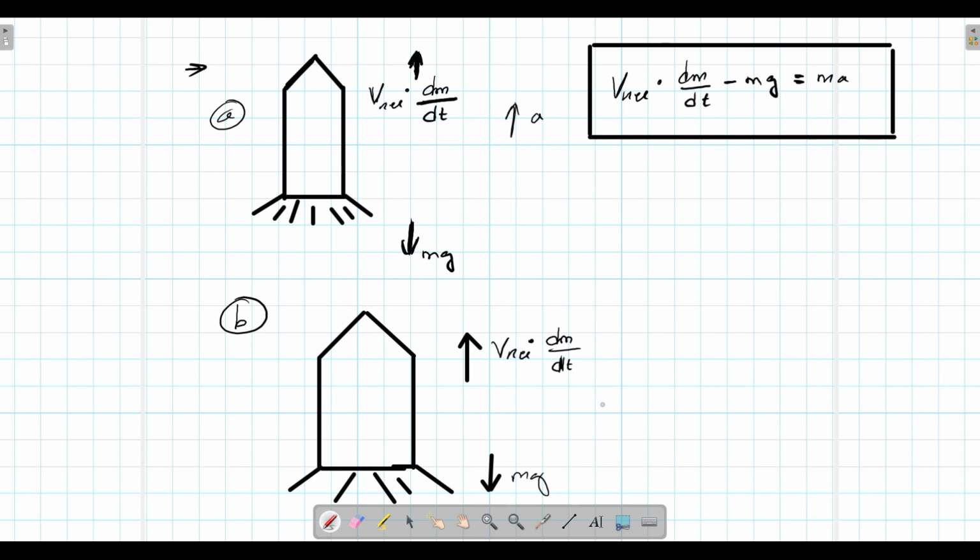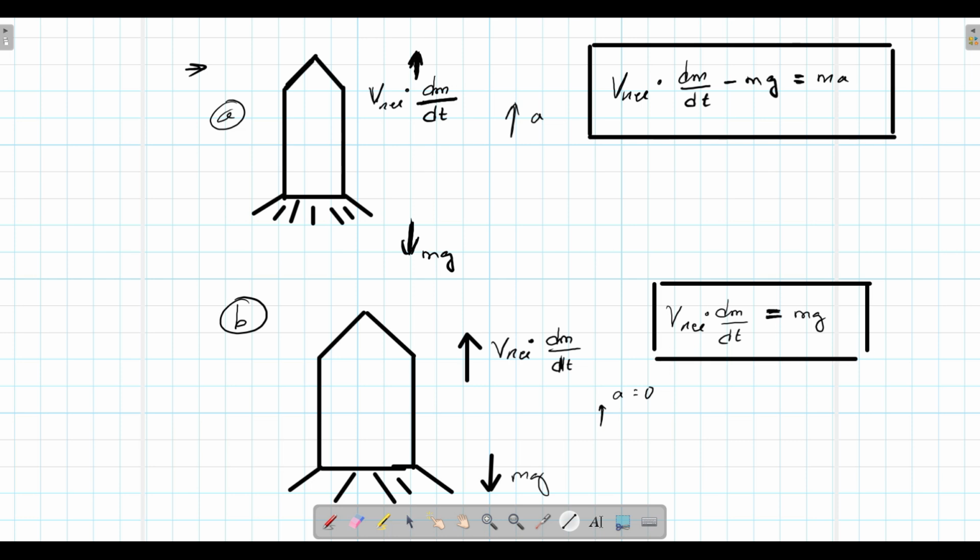If it moves with constant speed, V relative dm by dt equals mg.